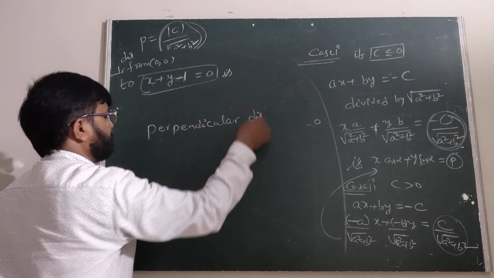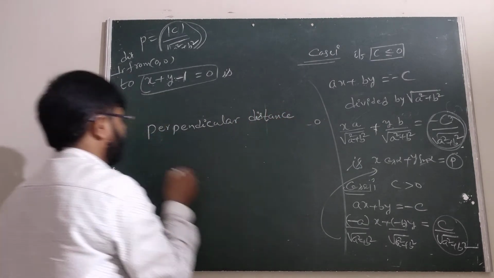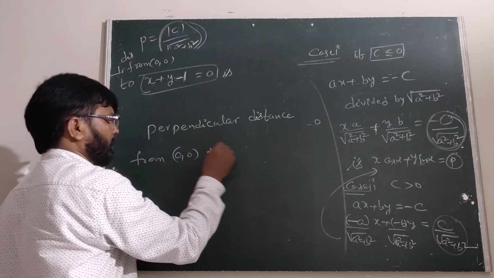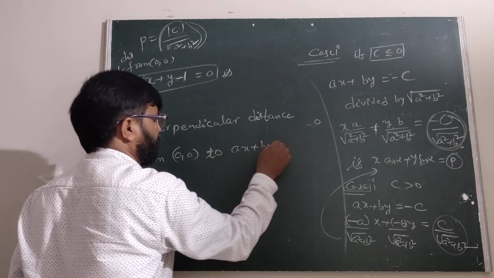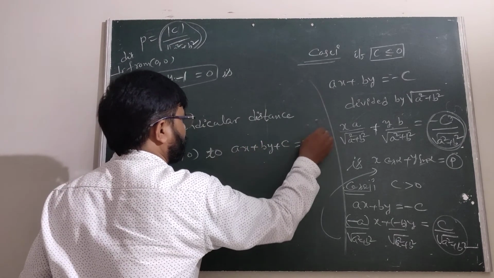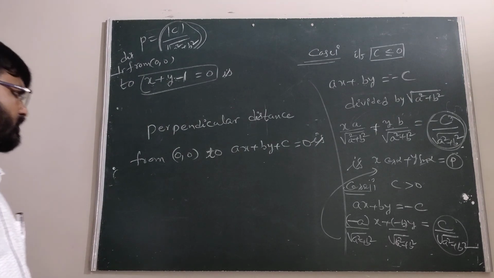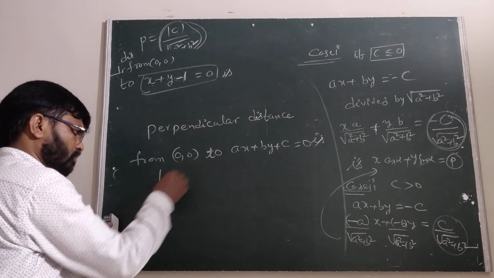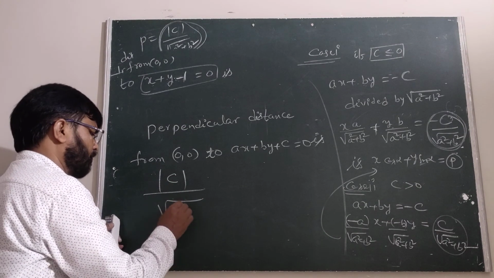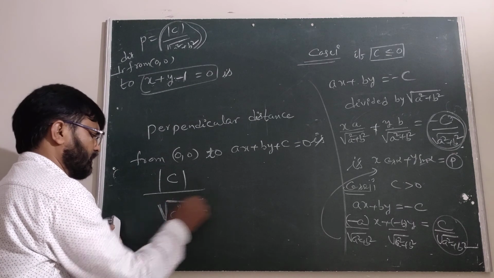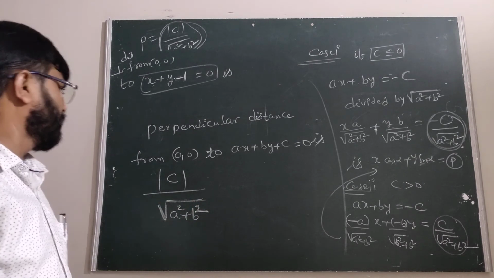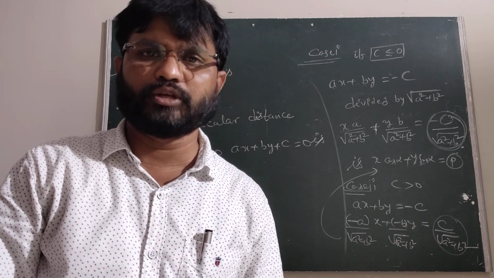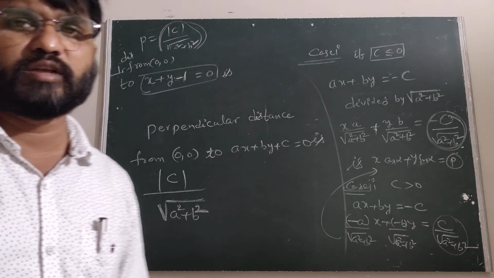The perpendicular distance from origin to the line ax plus by plus c equal to 0 is modulus of c by root of a square plus b square. This is the formula. Is it clear? The perpendicular distance from origin to the line ax plus by plus c equal to 0 is the mod c by root of a square plus b square.